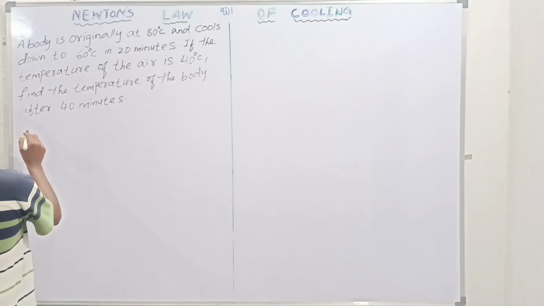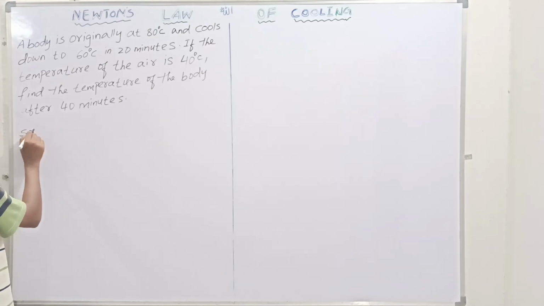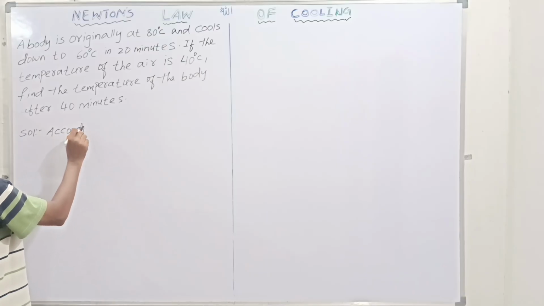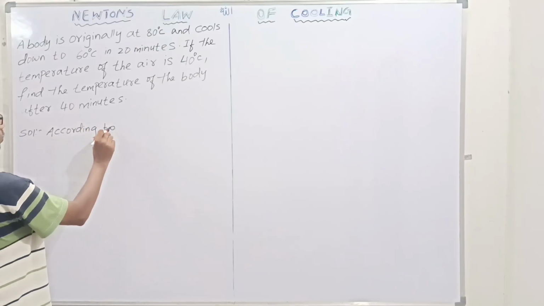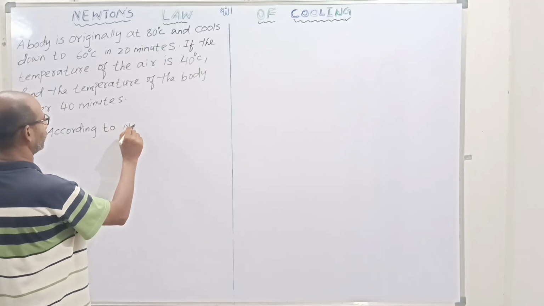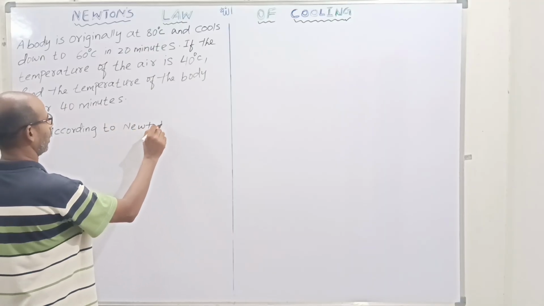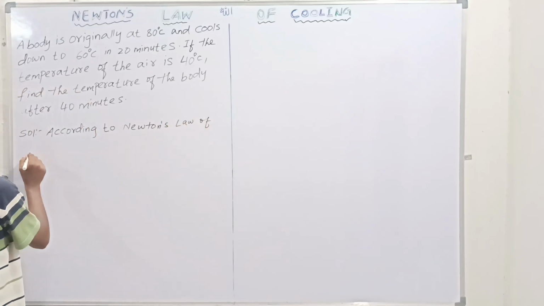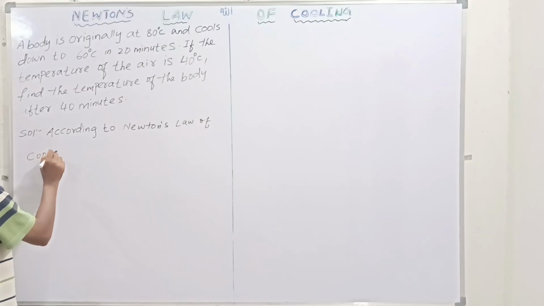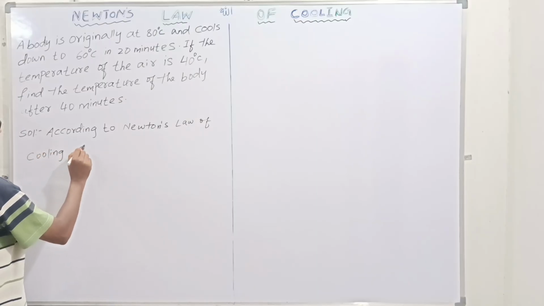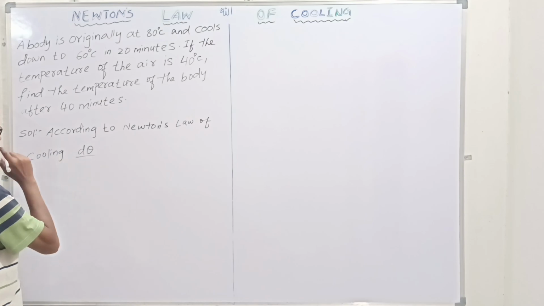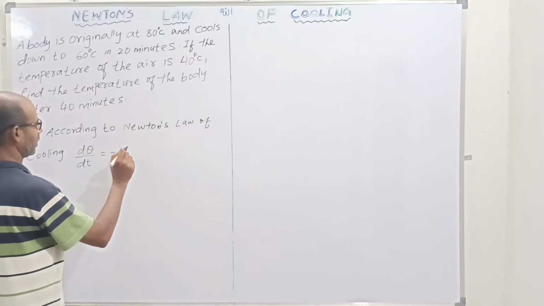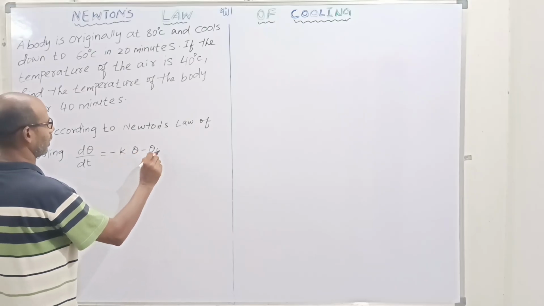According to Newton's law of cooling, d theta by dt is equal to minus k into theta minus theta naught.